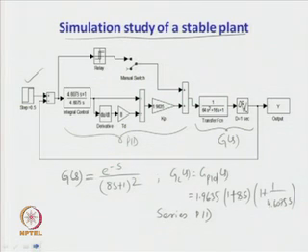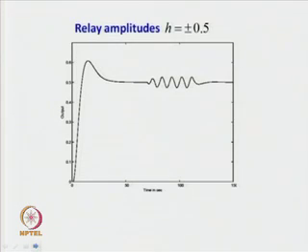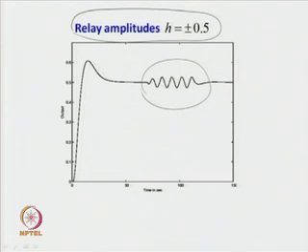So, when this is run with a relay setting of relay amplitudes of h equal to plus minus 0.5, we get limit cycle output signal of this form. Prior to that, we have got the dynamic response or transient response as well as the steady state response of the system in response to the reference input of magnitude 0.5.